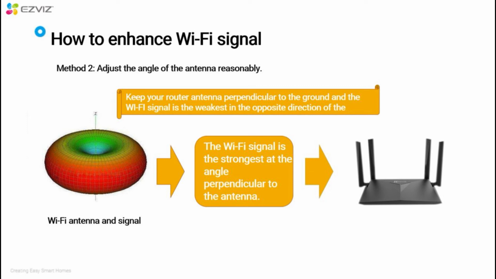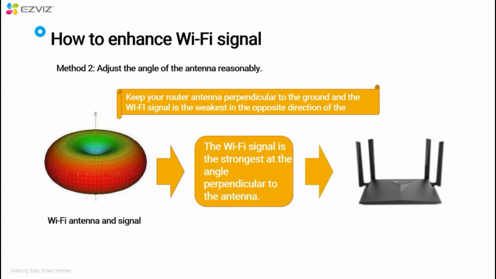The method 2 is to adjust the angle of the antenna reasonably. So you can see from this picture, this is the distribution map of the Wi-Fi signal. It can be seen that when the antenna is placed vertically, the signal coverage is the widest, and the signal strength is also strong.